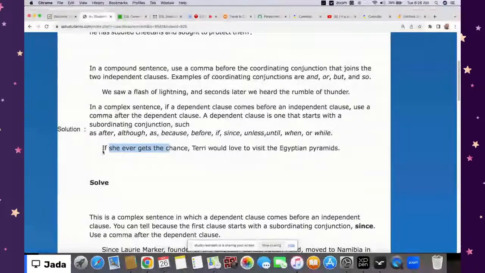Then: "Terry would love to visit the Egyptian pyramids." Dependent clause, comma, independent clause. The last part can stand on its own, of course. "Terry would love to visit the Egyptian pyramids." It can stand on its own. So that's it for the compound sentence and the complex sentences.